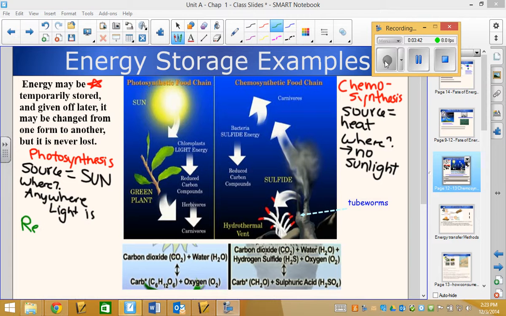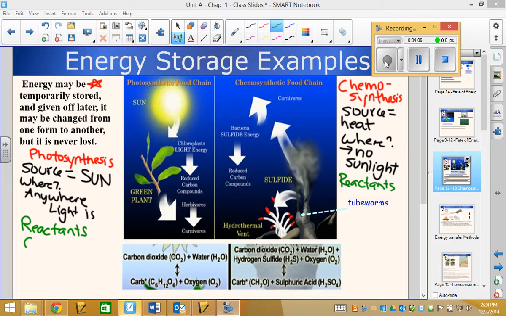Now, if we talk about reactants and products. Reactants are the things that start the reaction. Products are the things that you end up with. I don't need you to memorize the whole reaction for chemosynthesis. You should already know the reaction for photosynthesis.